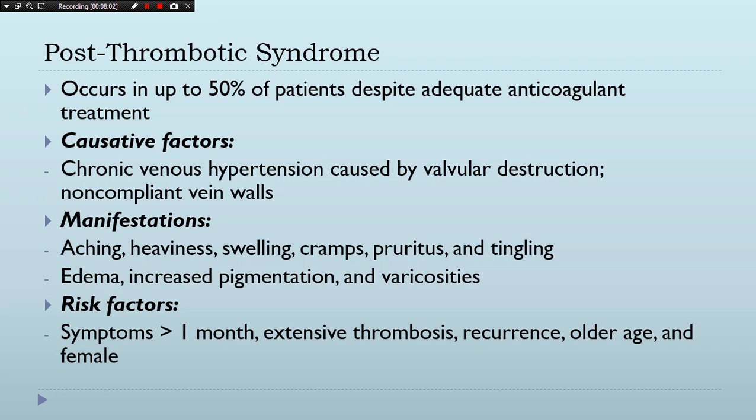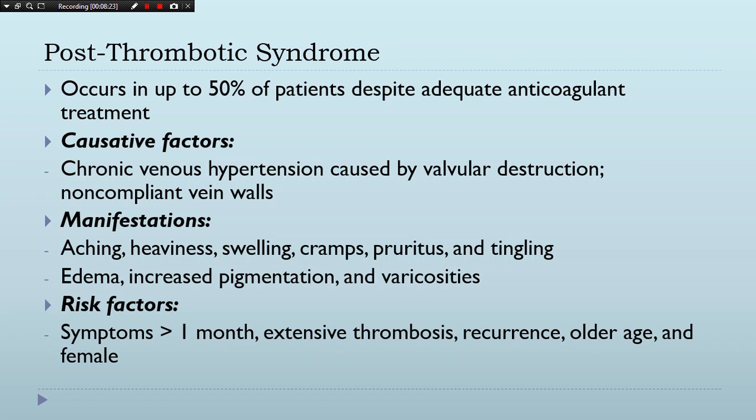Manifestations are similar to what we saw when the patient had the clot. They're going to have heaviness, swelling in the extremity, itching, tingling. They're going to have increased pigmentation or increased integumentary changes in that leg, and they're going to have increased varicosities.